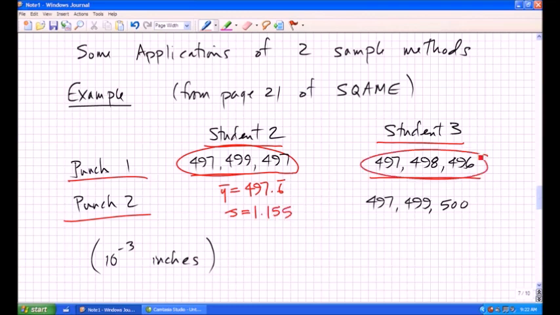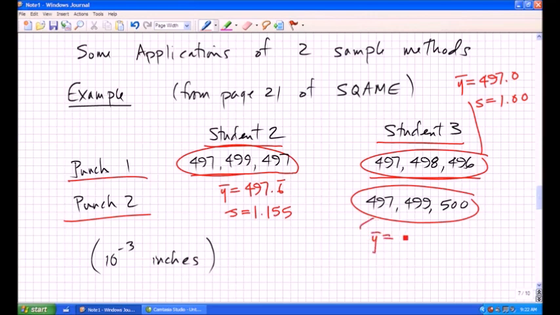This set of numbers has an average of 497.0 with a sample standard deviation of 1.00, and as long as I'm at it, these numbers have an average of 498.6 with a sample standard deviation of 1.5275. Sorry, this thing's getting sloppy.